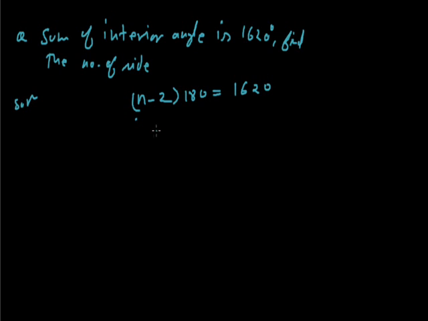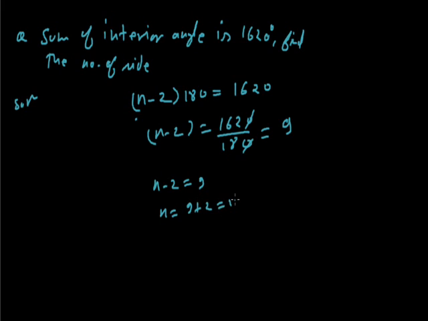So n minus 2 is equal to 1620 divided by 180. We cancel the 0s. Now 162 divided by 18 comes to be 9, since 18 times 9 is 162. So n minus 2 is equal to 9, so n is equal to 9 plus 2, that is 11. So the polygon has 11 sides. We just need to remember the formulas.